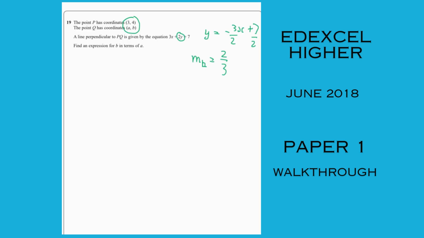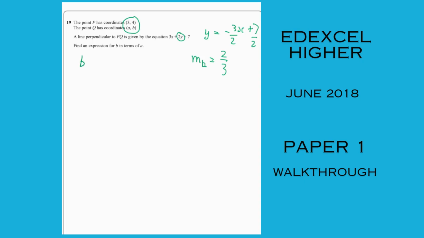Why is that? Because you don't know A and B, but if you did, you would do a subtract. The definition of gradient is change in y's over change in x's. And the word change means difference. How do you find difference? You subtract.